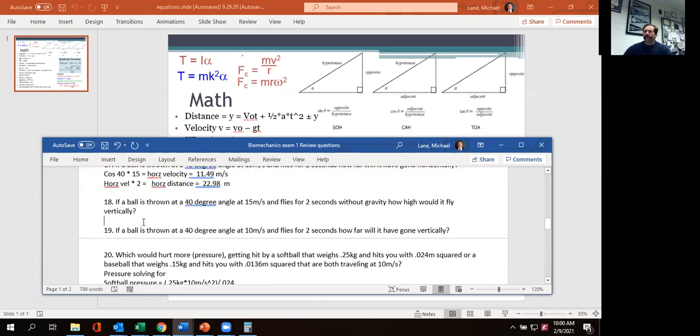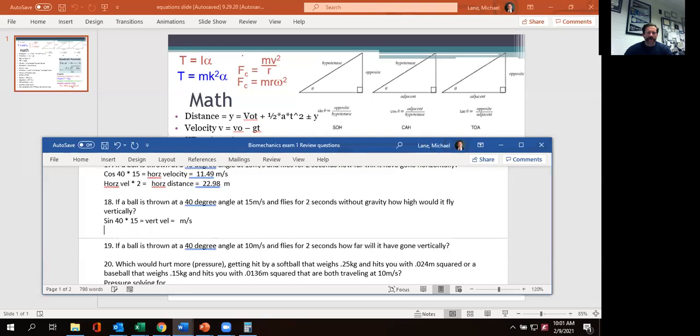So here it would effectively go and just, y equals velocity times time, absolutely. So here would be the sine of 40 times 15 equals the velocity, equals some meters per second. And then we would take that velocity and multiply it by 2.